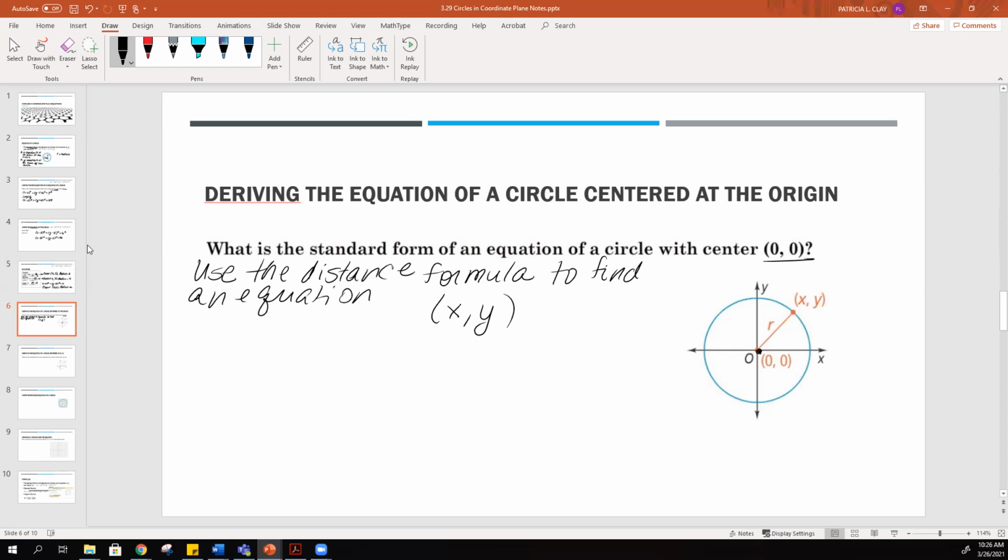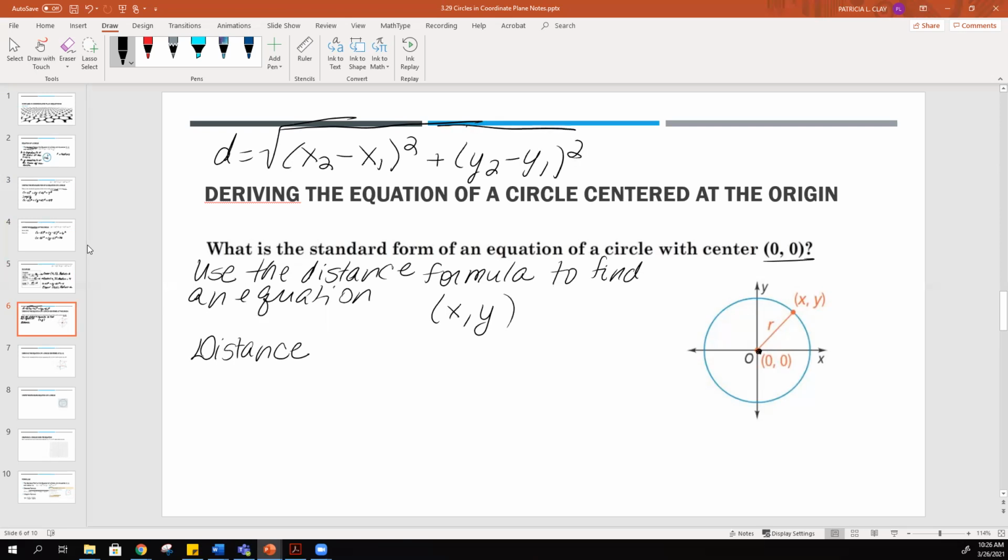All right, so with our distance formula, does everyone remember the distance formula? Let's write it up here. So the distance formula is equal to, oopsie, there we go, the square root of x2 minus x1 squared plus y2 minus y1 squared. Okay, remember all that?